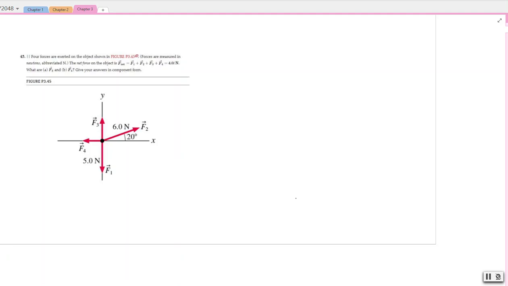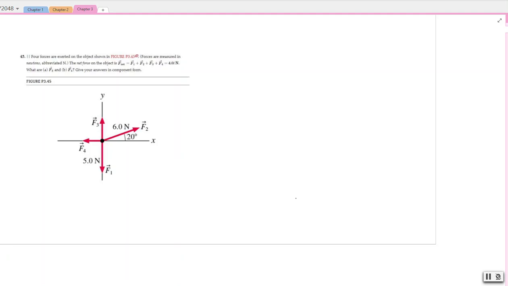So basically they say that we must find the values of the force F3 and the force F4, and we must give the answers in component form.